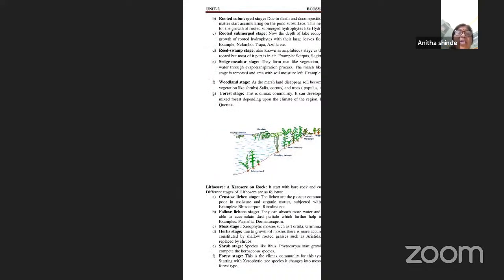The next is the lithosere, the community which starts on rocks. The community which starts in the aquatic habitat, that is from the water, the pond, will end up in a forest. Whereas the second one, the lithosere, which is also called a xerosere, starts on bare rock and will culminate in a forest stage.